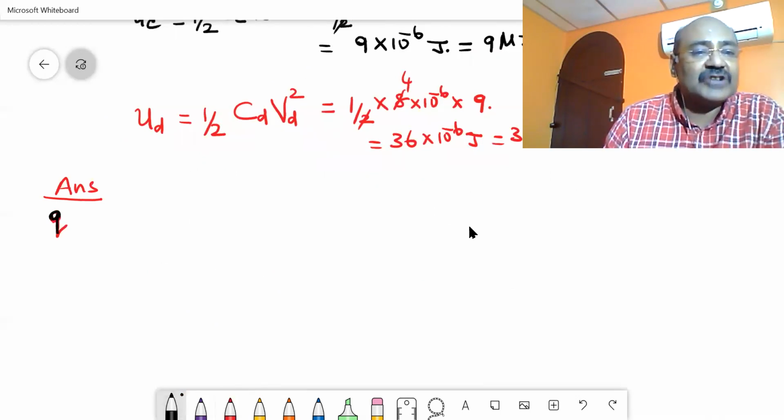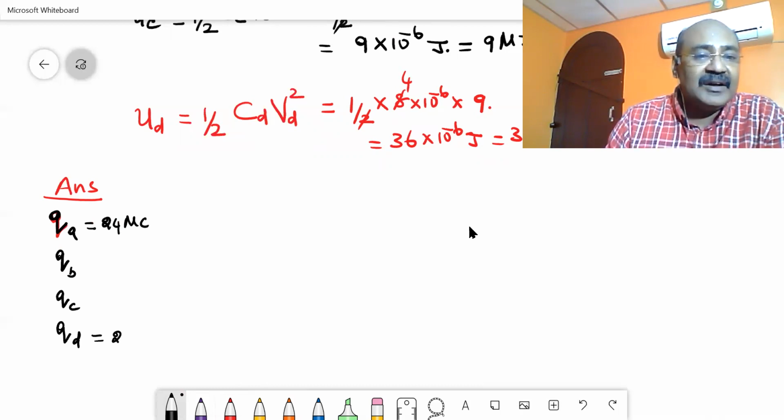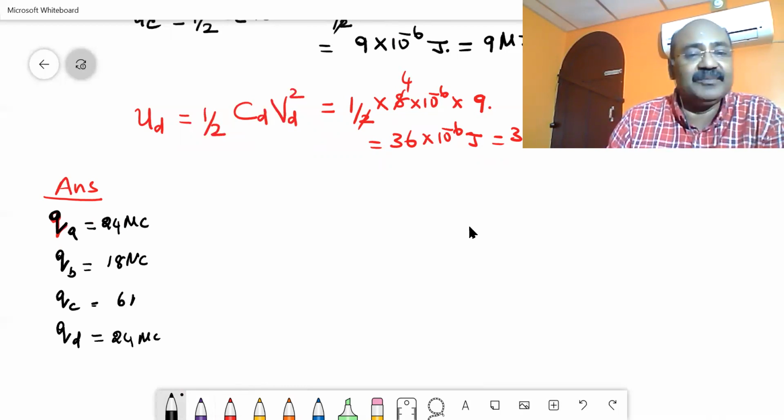So charge of A, charge of B, charge of C, charge of D. Charge of A is 24 microcoulomb, and charge of D is also 24 microcoulomb. Charge of B is 18 microcoulomb, and charge of C is 6 microcoulomb.